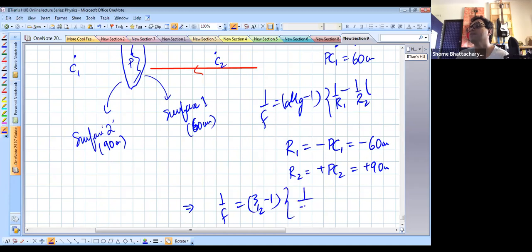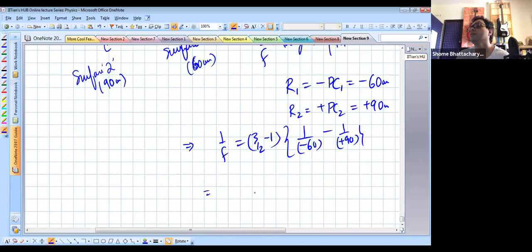So solving this further, we get the focal length as minus 72 centimeters. This doesn't mean that it suddenly changes behavior as a lens.